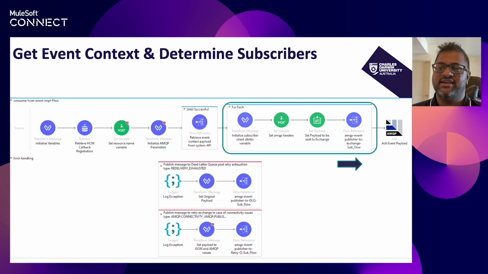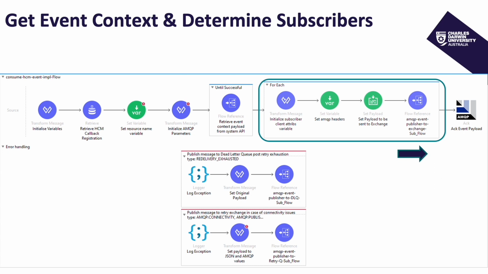It then determines the list of consumers which are registered for that event and duplicates the event context payload for each consumer and publishes the context payload along with the context information back to RabbitMQ. Now, this is again an optional step. You could actually call the system API for the subscriber here directly.